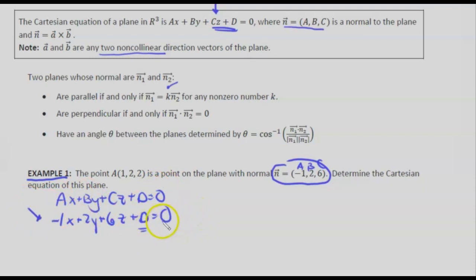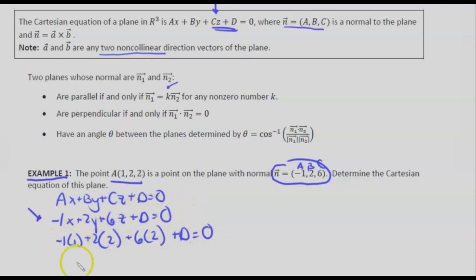The d value is our goal here. We're given the point 1, 2, 2. As long as we're given the normal and any point on the plane, we're able to find that d value. So let's sub in: negative 1 times 1, plus 2y is 2 times 2, plus 6z is 6 times 2, plus d equals 0. All we have to do is solve for d.